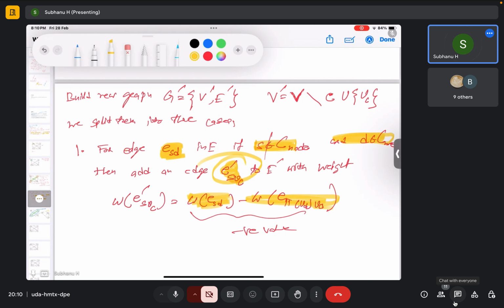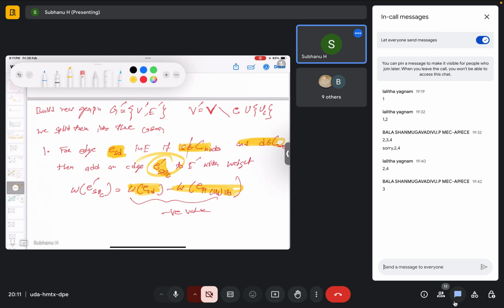It was 10. So can anyone tell what should be the weight?